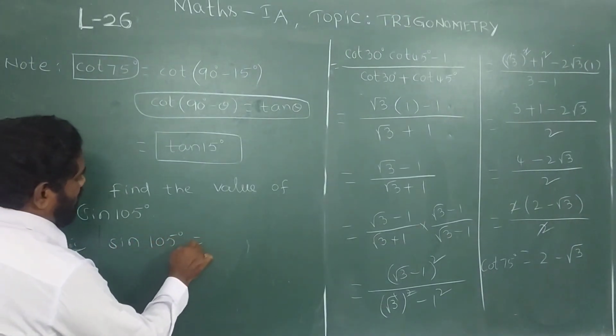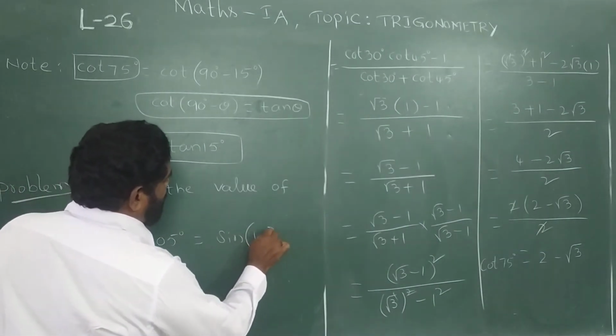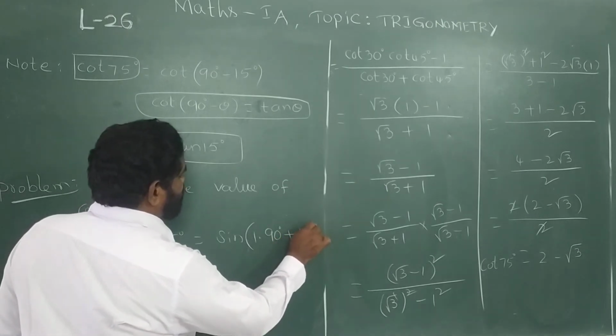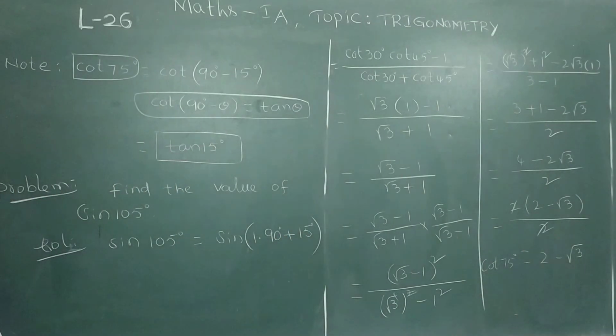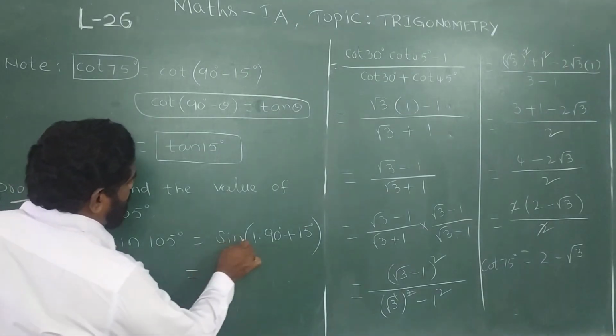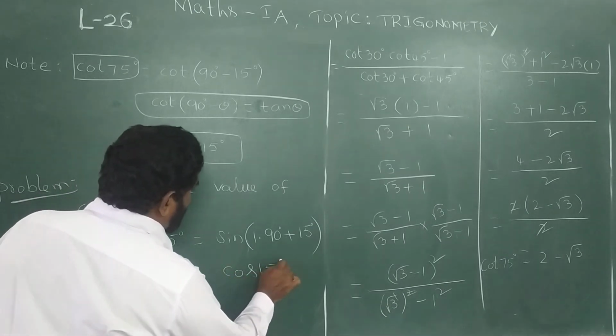Sine 105 equals to sine 1 into 90 degrees plus 15 degrees. Sine 105 degrees can be written as sine of 1 into 90 plus 15. 1 into 90 plus 15 is cos 15 degrees.